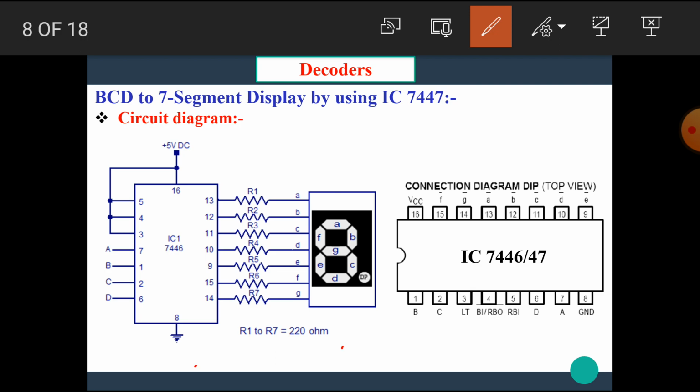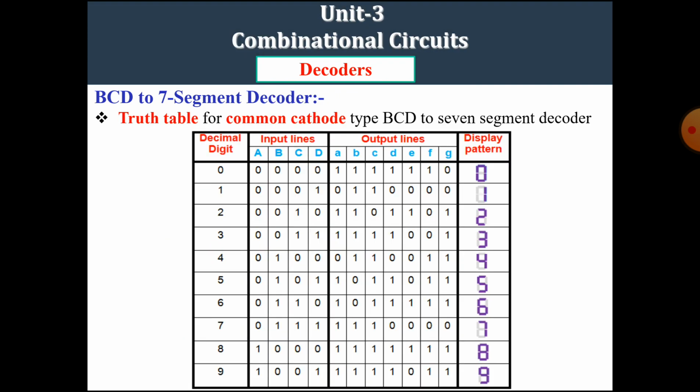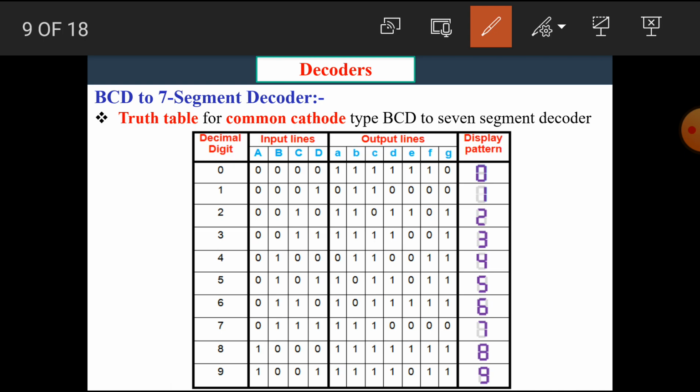specification of these ICs. Now let's see the truth table for the common cathode type BCD to 7 segment decoder. Here, understand one thing, that we are going to see the common cathode type display. That means this is the anode terminal, this is the cathode terminal.